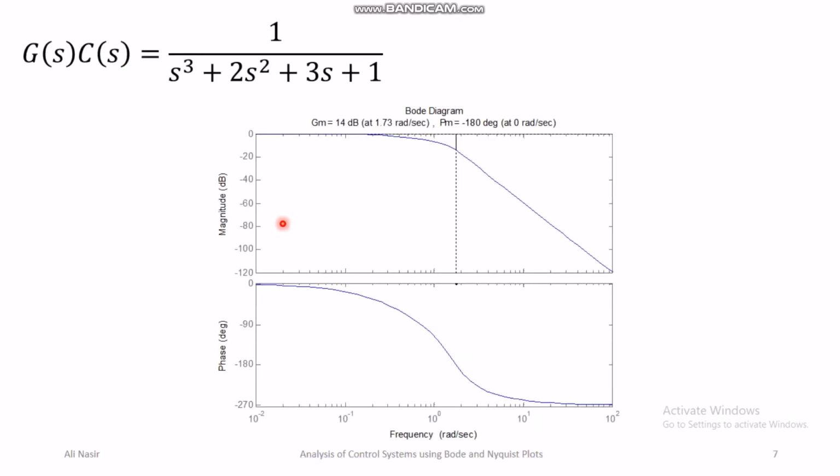Similarly, here you can see another example where the gain margin is not infinite because the phase crossover frequency is not infinite. The phase crossover frequency is 1.73 radians per second, and at that point the gain is minus 14 dB, so the gain margin will be the negative of that, which is plus 14 dB. Similarly, the phase margin in this case would be 180 degrees.